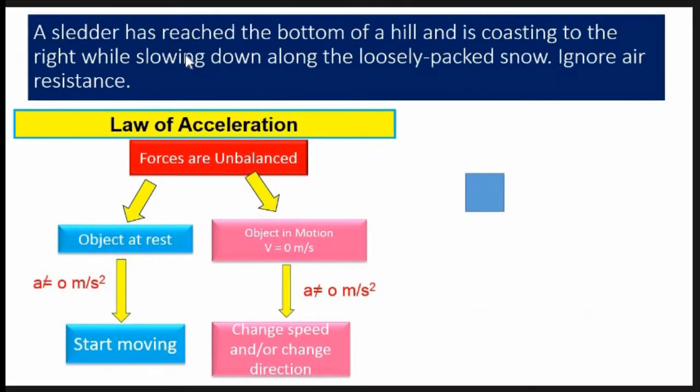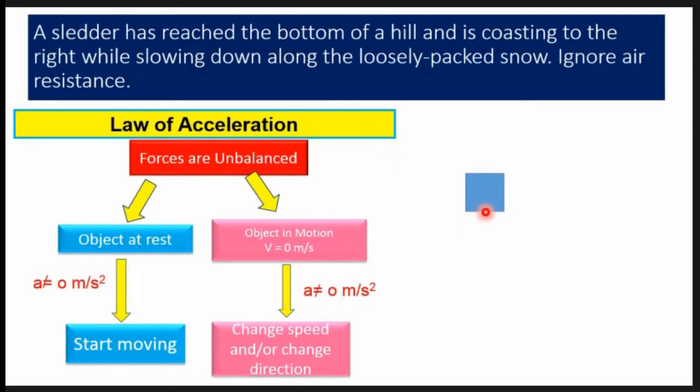Next, the sledder has reached the bottom of a hill and is coasting to the right while slowing down along the loosely packed snow. You have to ignore the air resistance. So what we're going to do is make the free body diagram.